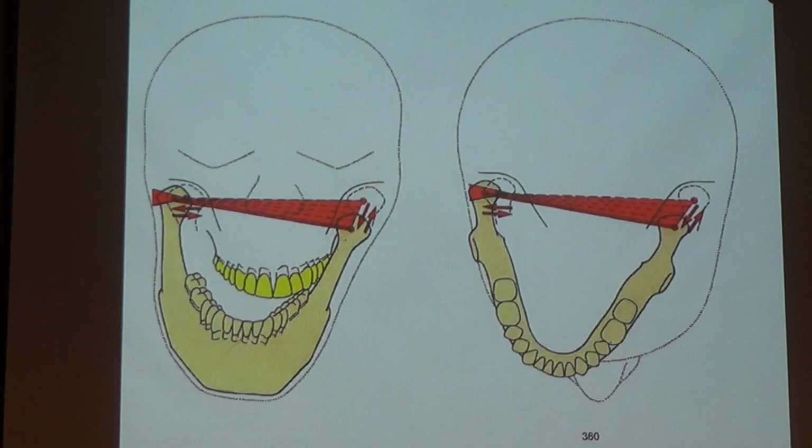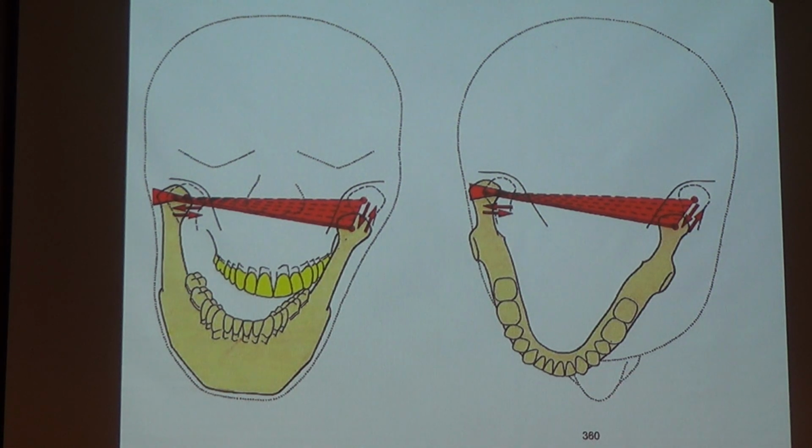Here is what I say about medial occlusion, the sideways slide. When the patient makes lateral occlusion to the right side, we have a medial occlusion on the left condyle.